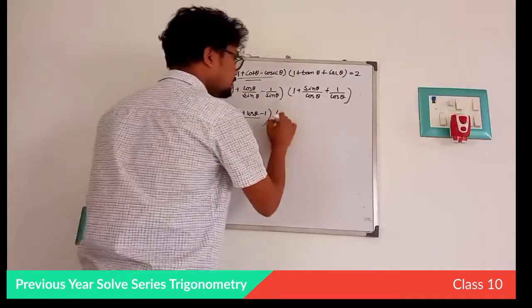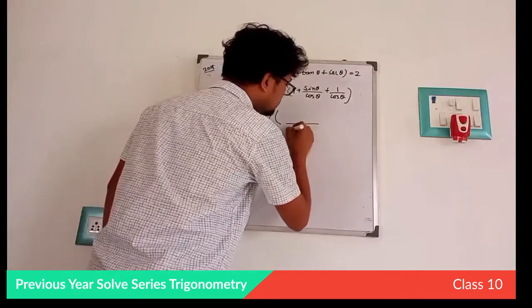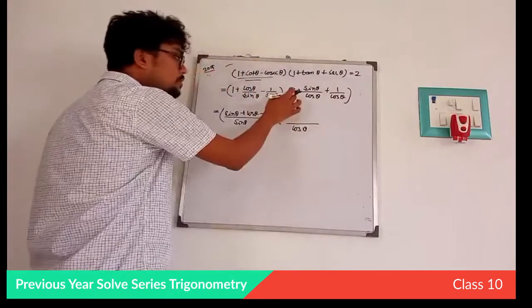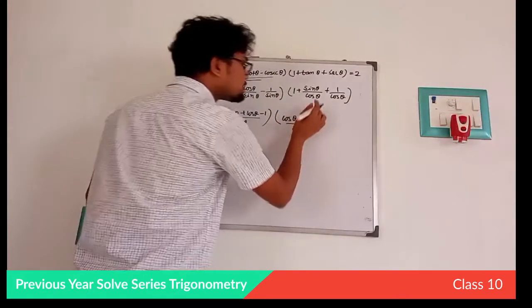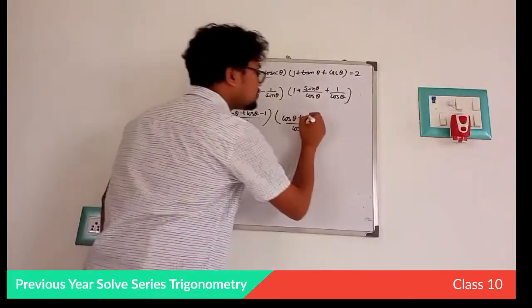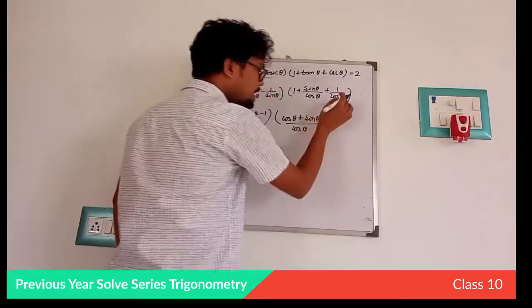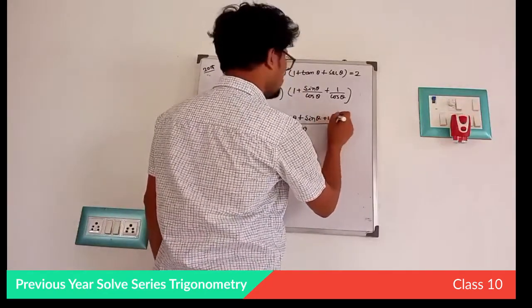Here also 1 plus sin theta, that means the LCM should be cos theta. Cos theta divided by 1 is cos theta, plus cos theta divided by cos theta is 1, so it becomes sin theta plus 1.